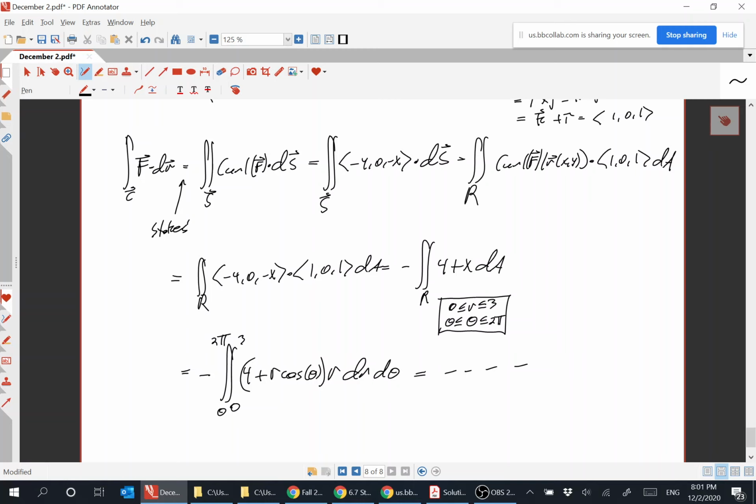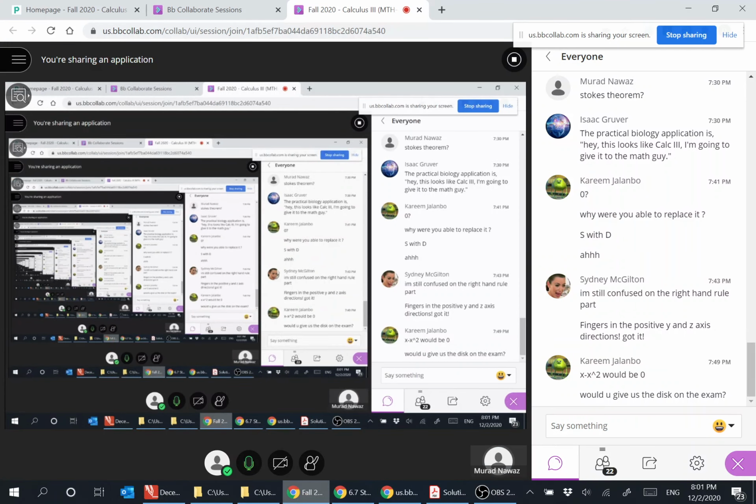Okay, so that's two different ways in which you can apply Stokes' theorem. The equation of the plane got you the intersection, but you also needed the equation of the circle for your region to integrate over. The circle is the region for x and y. The plane is just the surface that you're using.